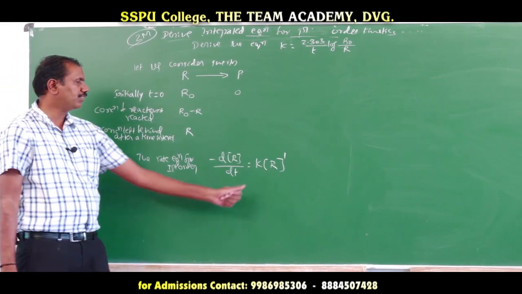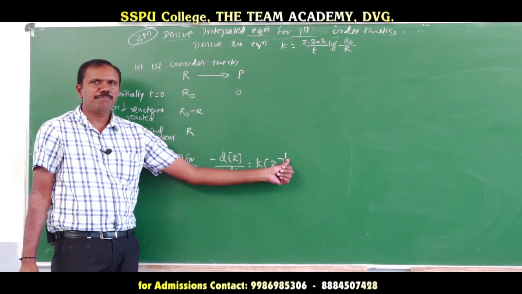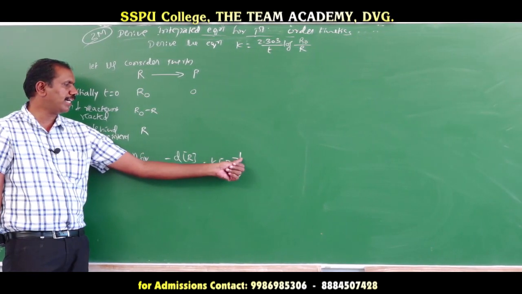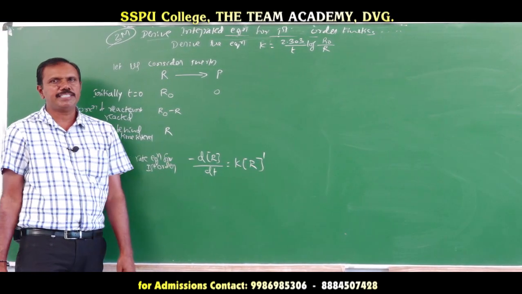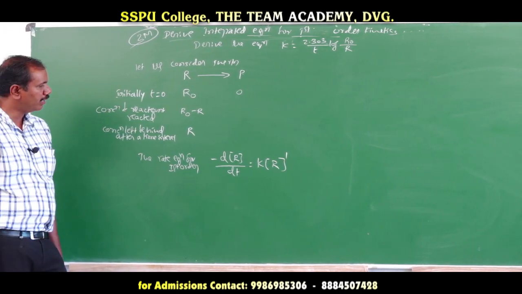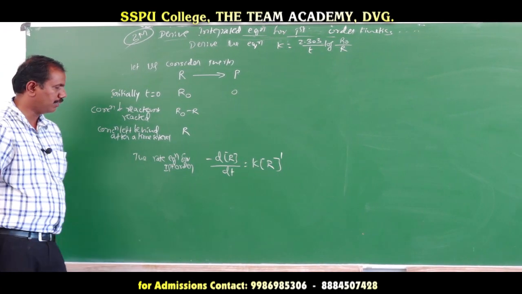Why? It is first order. First order means the sum of powers of molar concentration of reactant in the experimentally determined rate equation is 1. Then it is called first order.